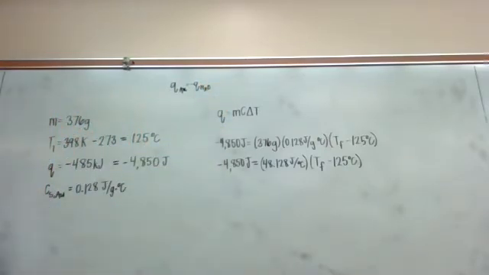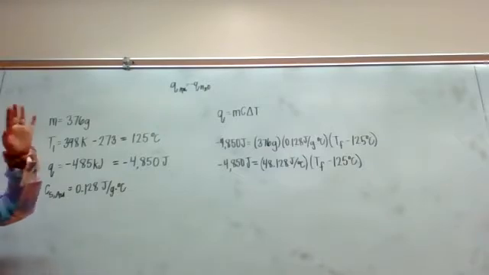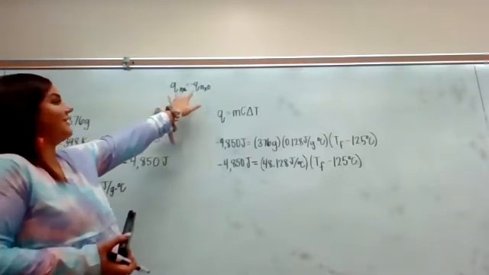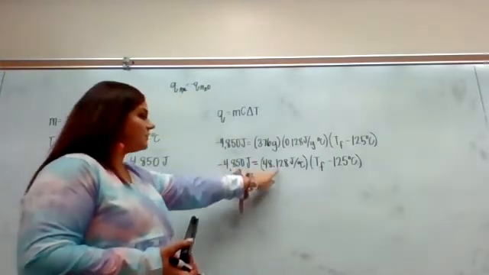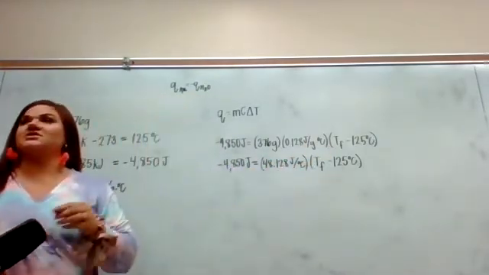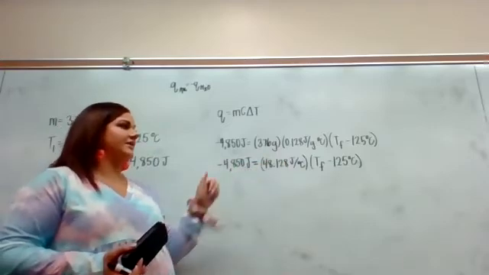I think it was the last one on your quiz. Some of you did that and you didn't know how to distribute that negative properly, so it messed your whole answer up. Okay, so when you're doing an equation like this, distribute this term to both of your temperatures instead of simply dividing both sides.